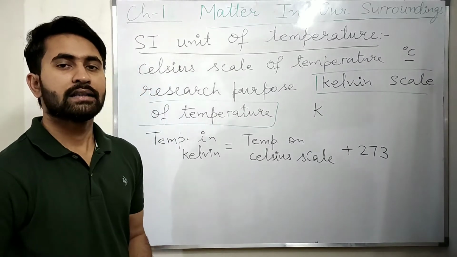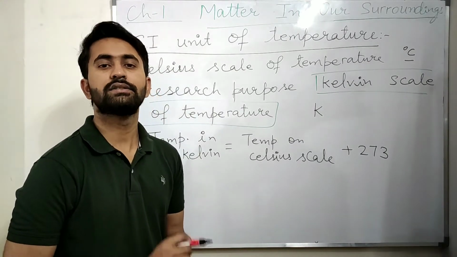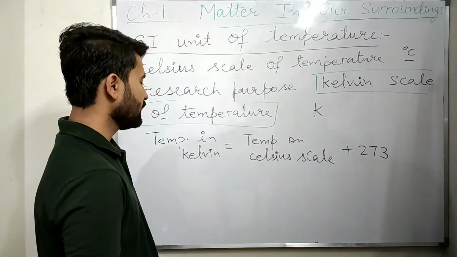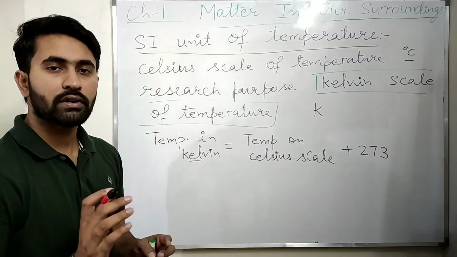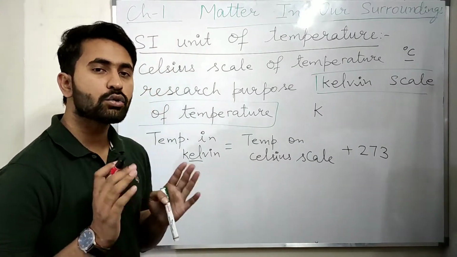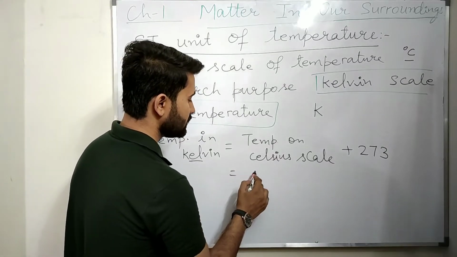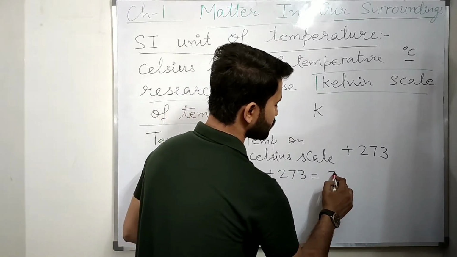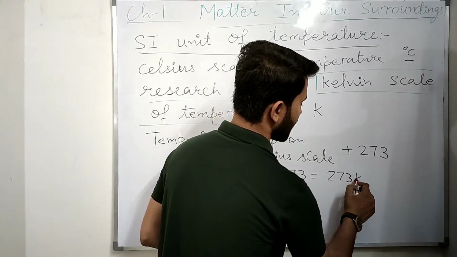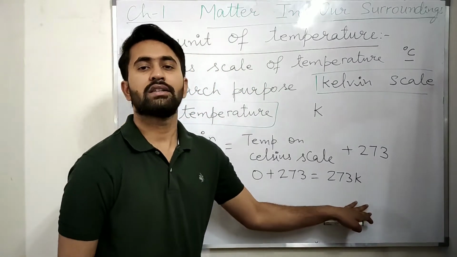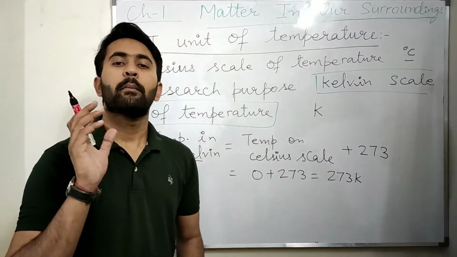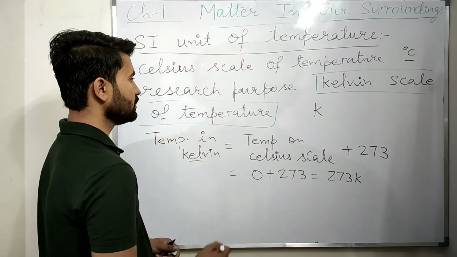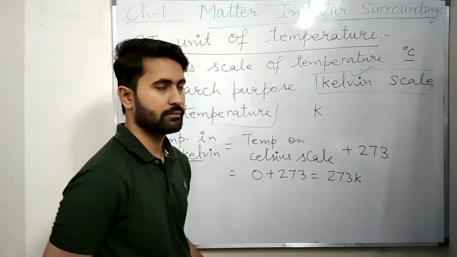We know that the melting point of ice is 0 degrees Celsius. Now if we want to convert it in Kelvin, what we will do? We will add 273 to it. That will be 0 plus 273, which is equal to 273 Kelvin. So 273 Kelvin is the melting point of ice on the Kelvin scale.